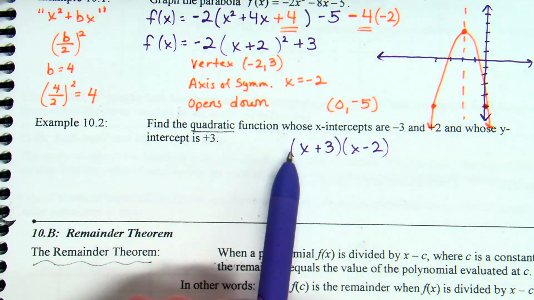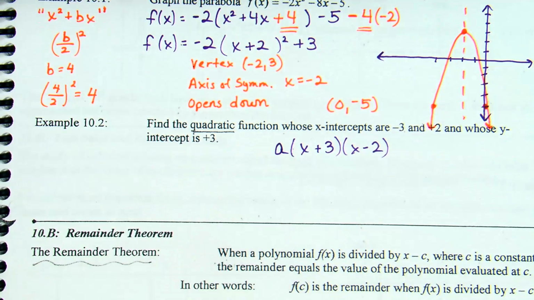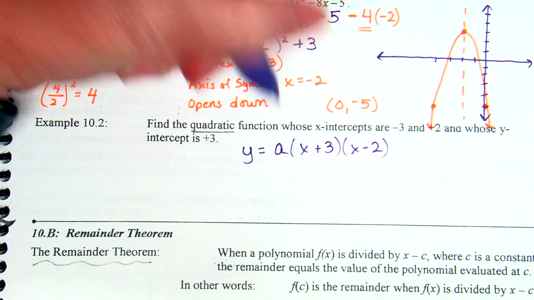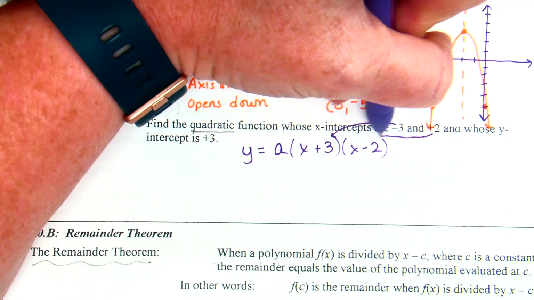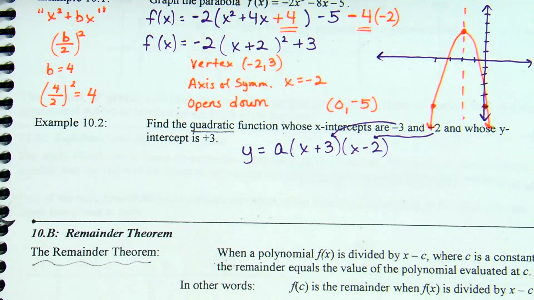We don't know. And so what I'm going to write right now is y equals a, because I don't know, is this right side up? Is it upside down? Is there a stretch? Is there a shrink? I don't know just by looking at those points right offhand. So the equation I'm going to set up, using that x plus 3 and x minus 2, is that.